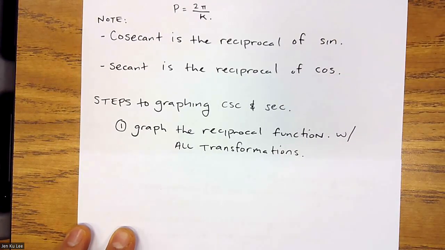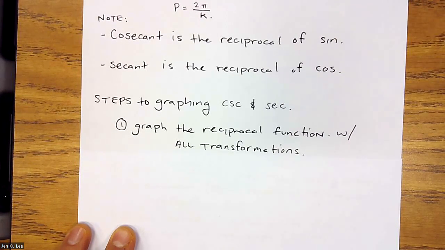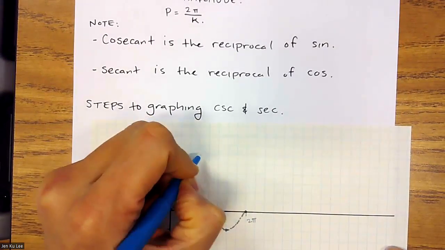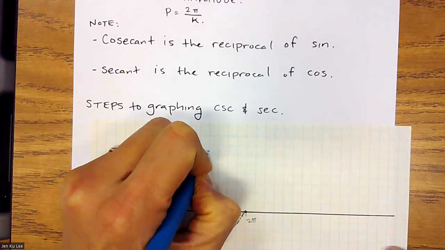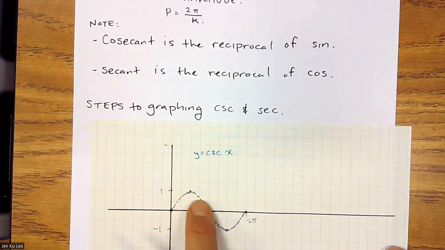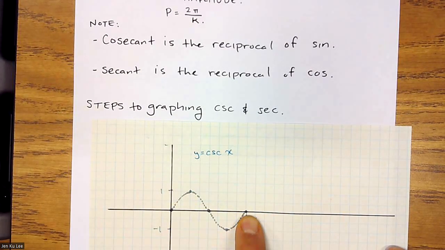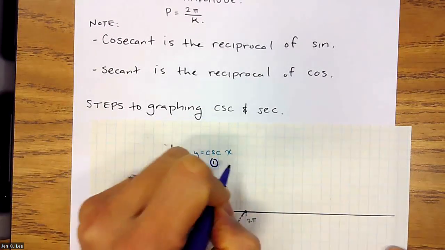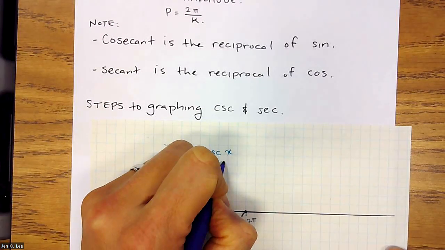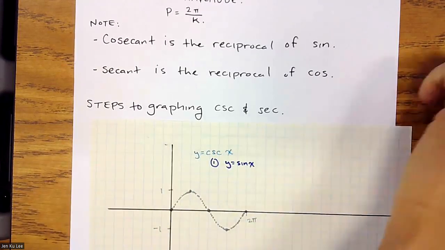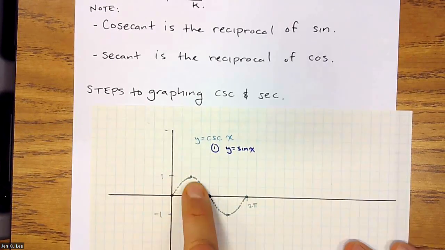So if we want to graph, let's say, y equals cosecant of x, we're going to start off with the sine function. We're going to first graph y equals sine of x, which is here.